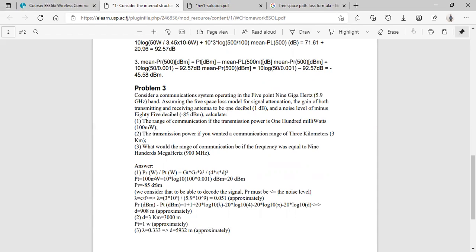From this we know that our transmitter power is 100 milliwatts. We have to find the range, so what we'll be finding in this formula is the d value.